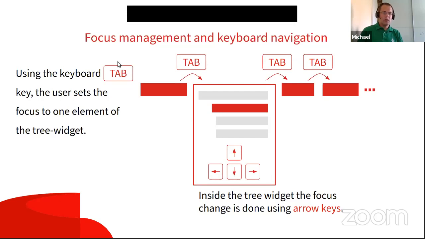So using the keyboard, the user sets the focus to one element of the tree widget, and after he is inside the tree view, he can navigate using the arrow keys, and when pressing the tab key another time, he is outside of the tree view again.